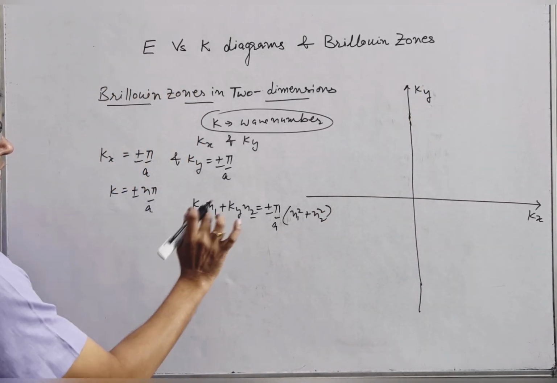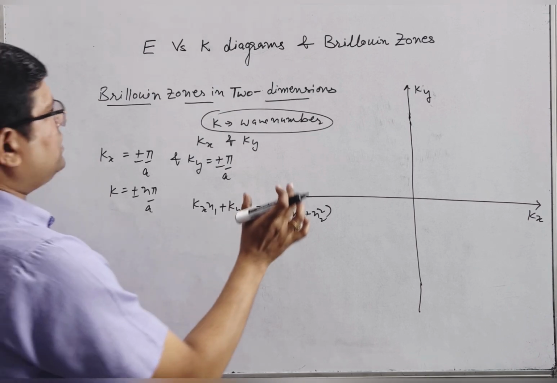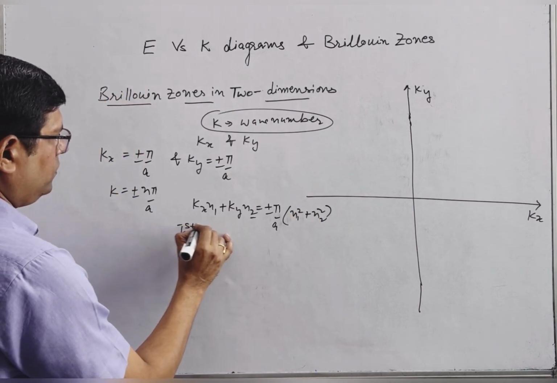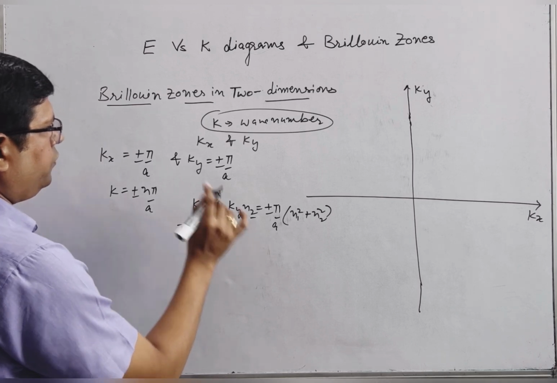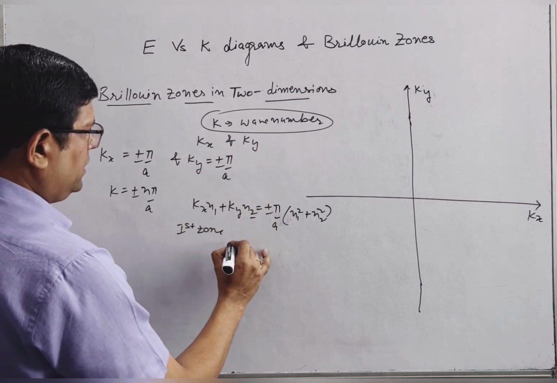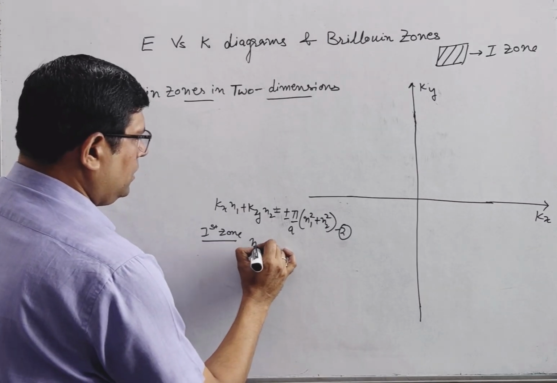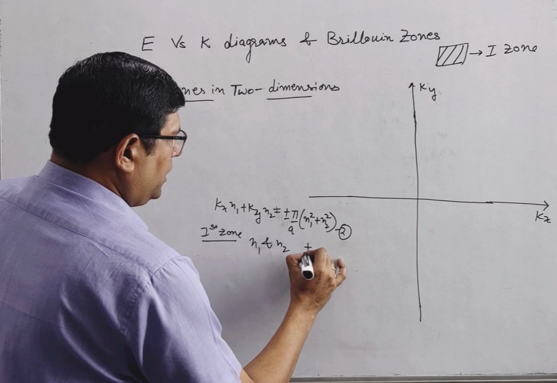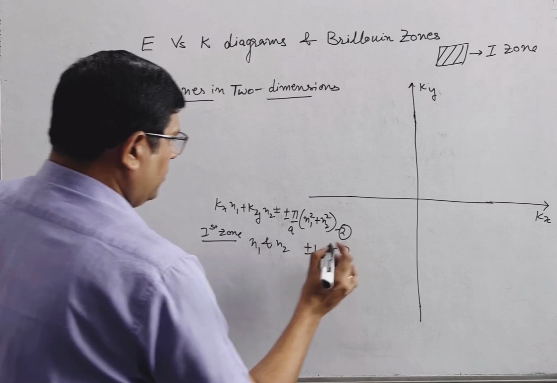Okay. Now we want to sketch the first zone in two dimensions, the first Brillouin zone in two dimensions. For the first zone, n1 and n2 can take the values plus minus 1 or 0.